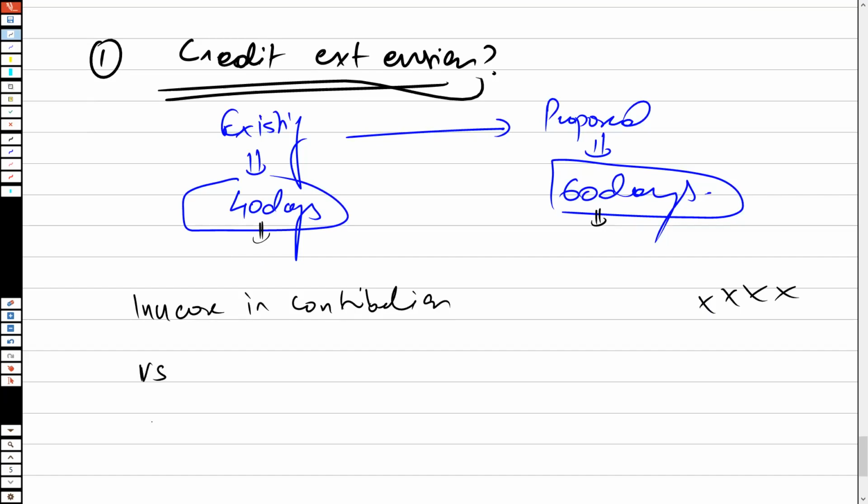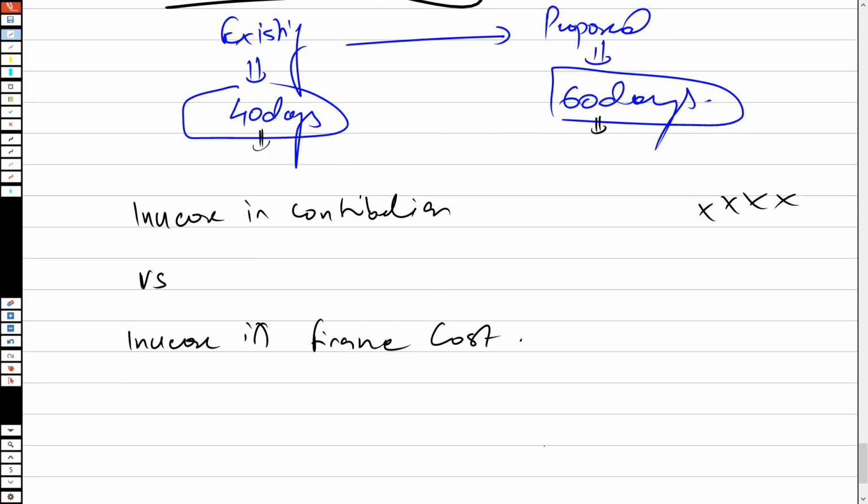And you would compare it with the increase in finance cost. What exactly do you mean by increase in finance cost?